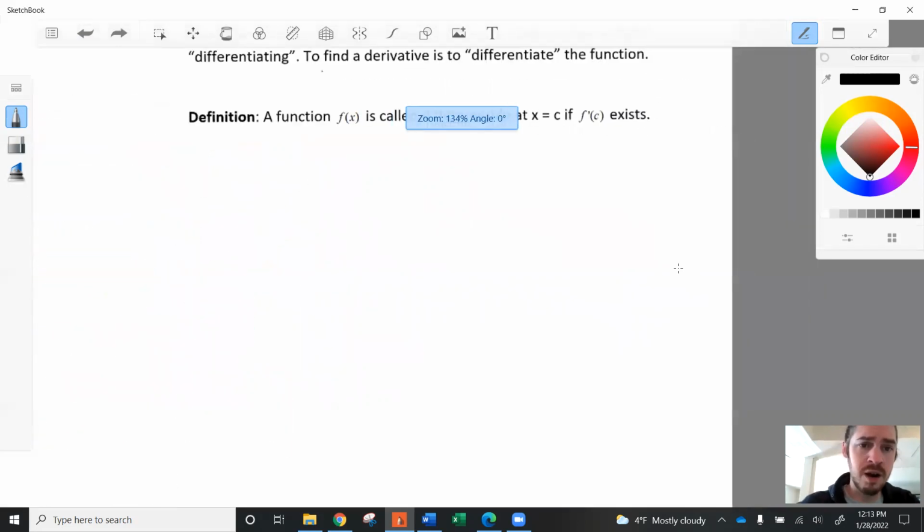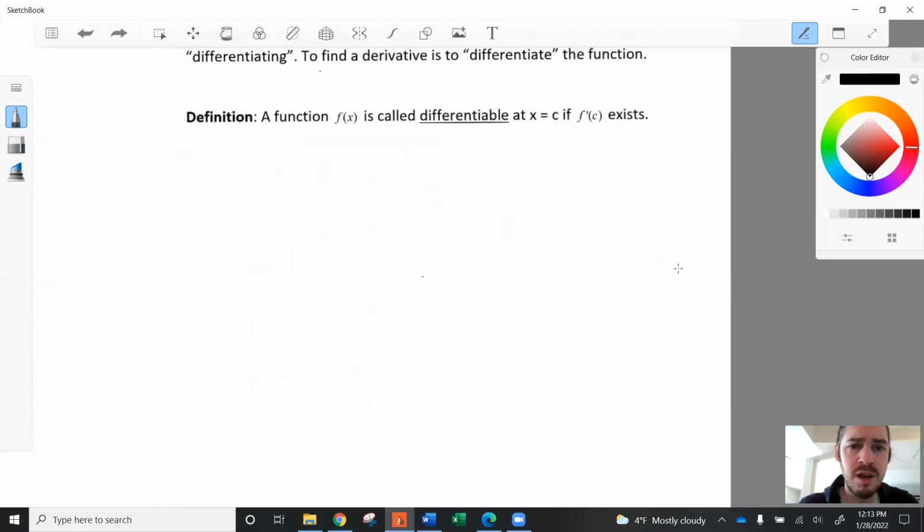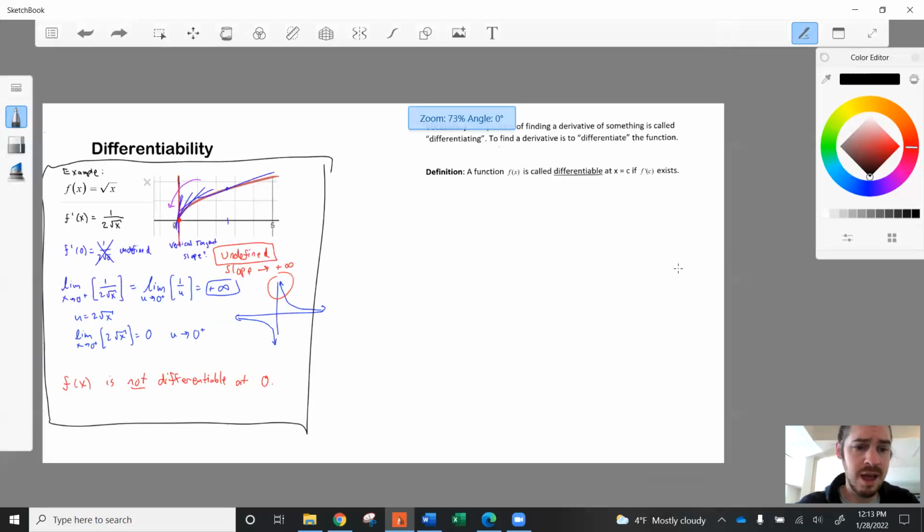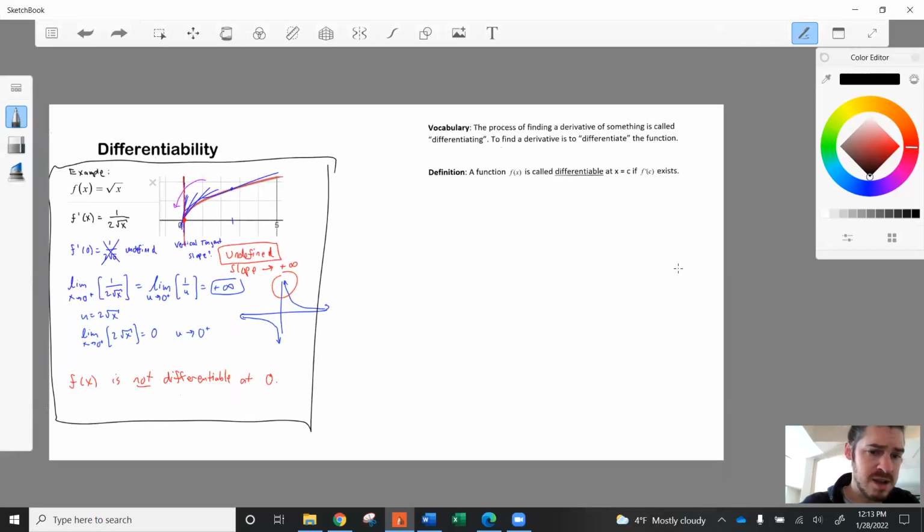Our definition for differentiable is that a function f is called differentiable at a particular value if f prime of that value exists. So when I say this function is not differentiable at 0, it's because f prime of 0 is undefined, right? It doesn't exist.